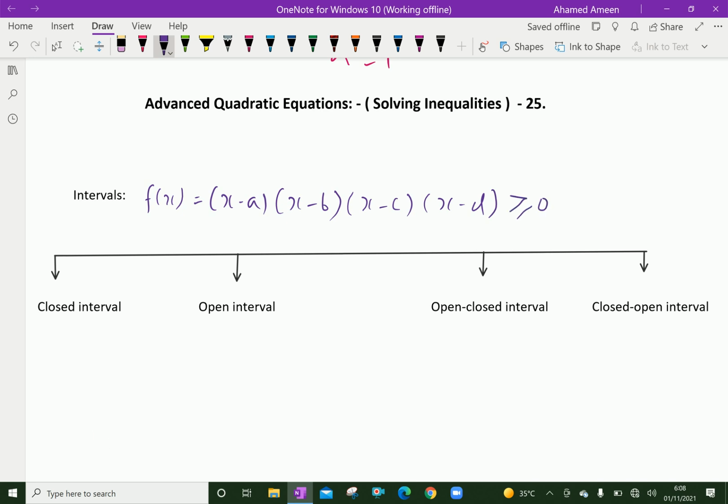It's an inequality expression. Here, we'll discuss interval types. First one is closed interval, open closed interval, closed open interval.